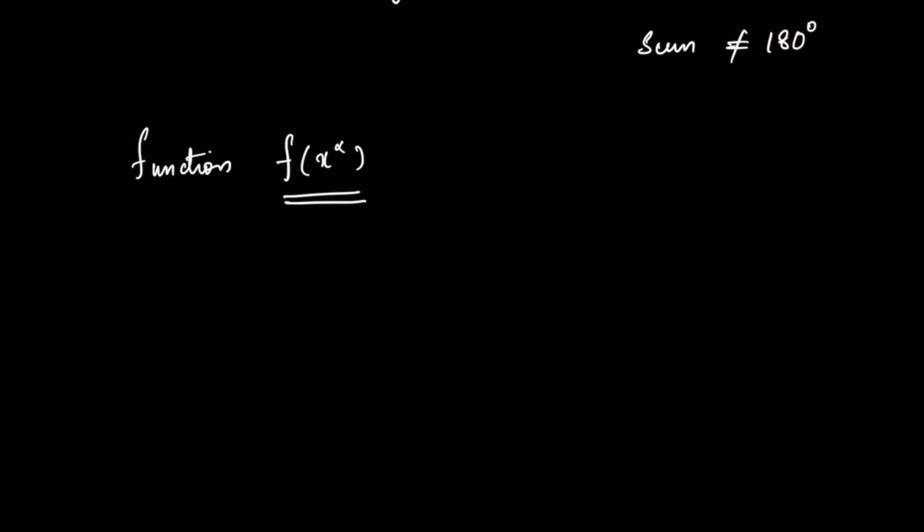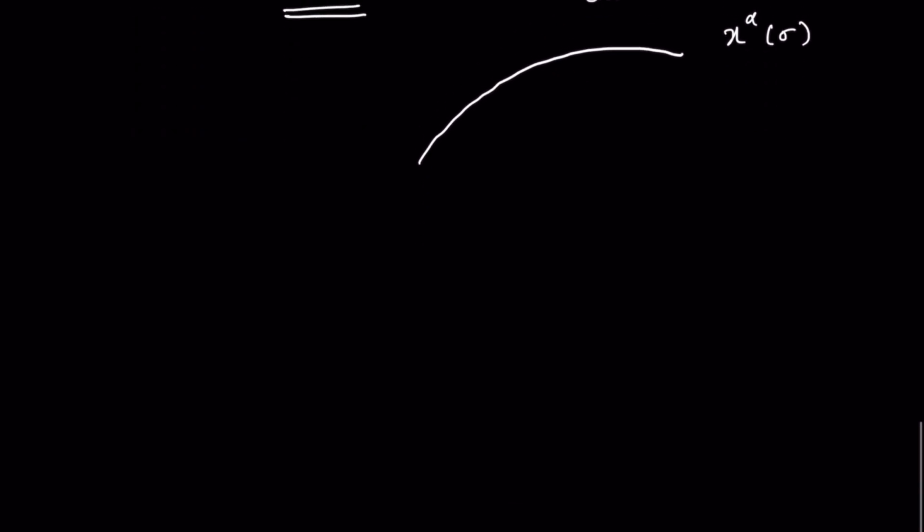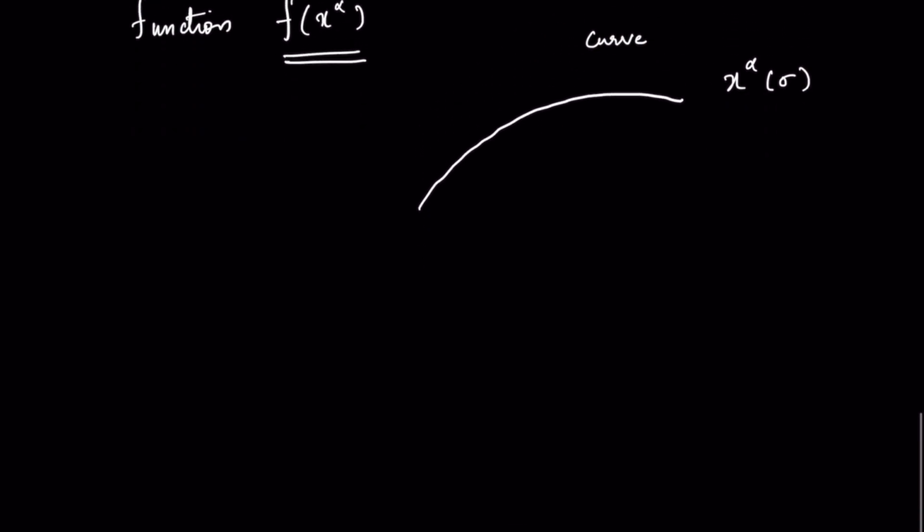Now I have to define this function on a curve. For example, you can imagine any curve, and I will represent this curve by x alpha of sigma. Here sigma is a curvature parameter, and I will define this curve as x alpha of sigma. So I have a function f of x alpha and I have a curve x alpha of sigma. Now the directional derivative along the curve.